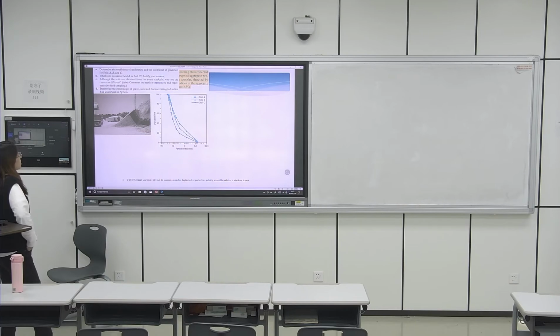And soil C is also obtained from the same stockpile. Why are the curves so different? And then the last one is to determine the percentage of gravel, sand, and fines according to the Unified Soil Classification System.